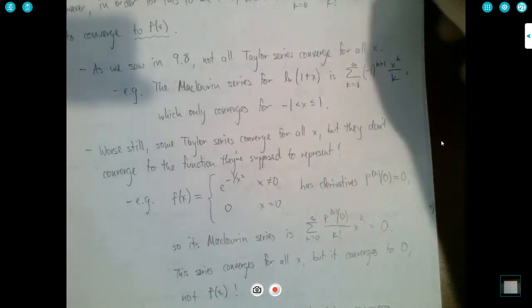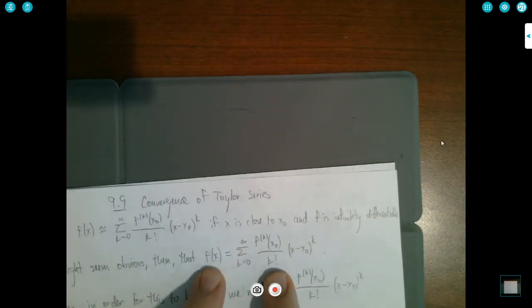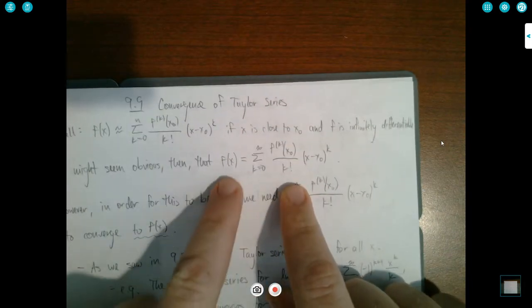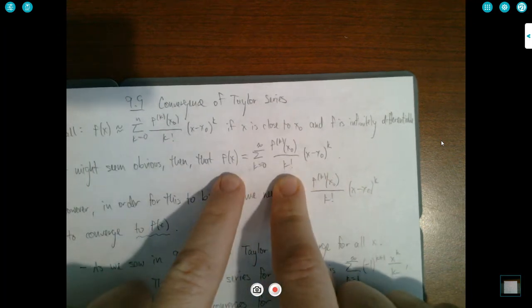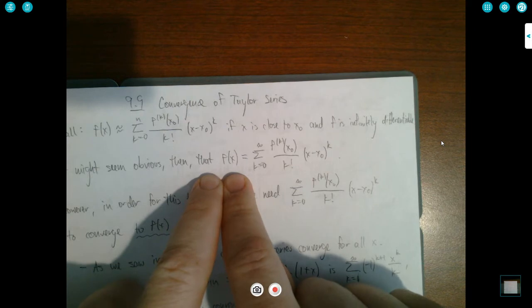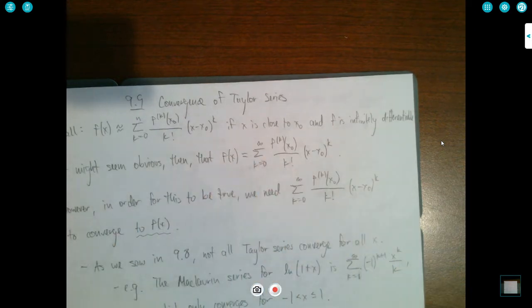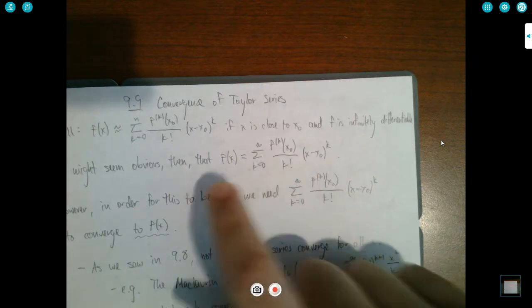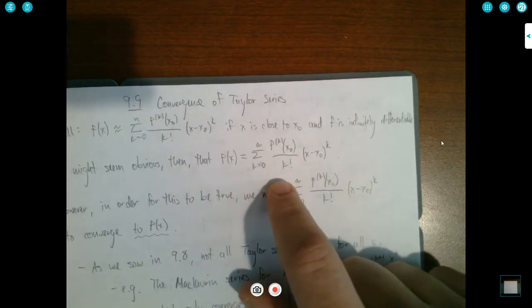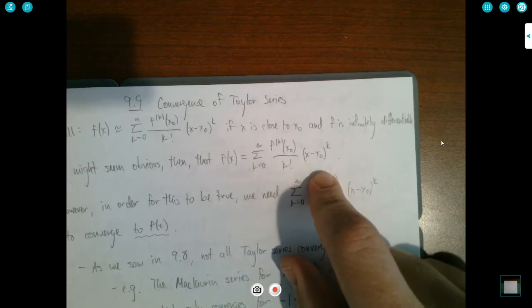Anyway, all of this to say that we can't just take it for granted that this equality is going to hold. Even if the series converges, it's not necessarily the case that it converges to f of x. So the question becomes, how do we figure out what the series converges to? Using the methods from 9.8, we can figure out where it converges or diverges.